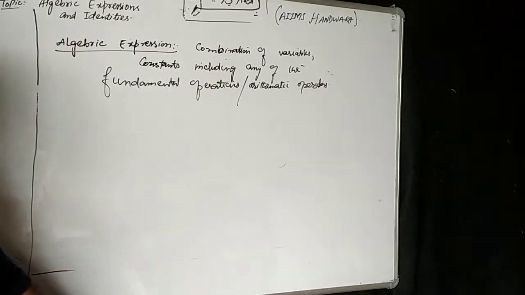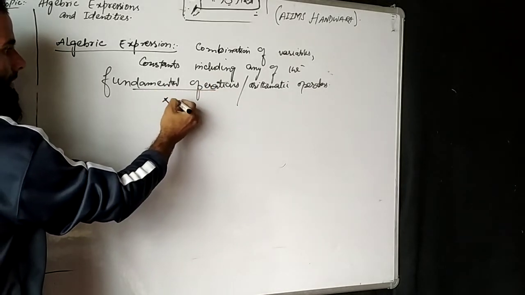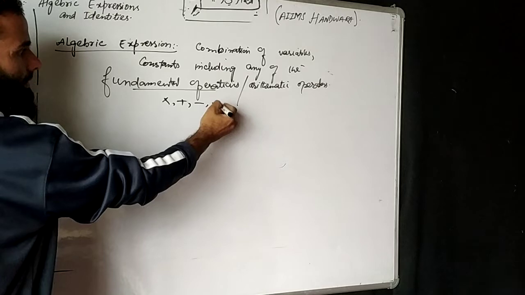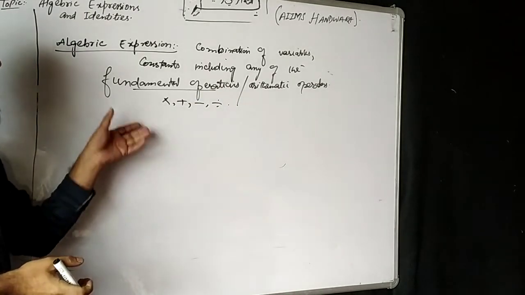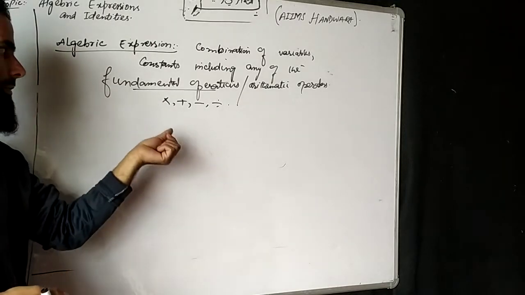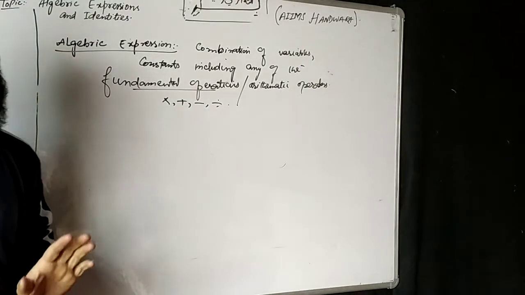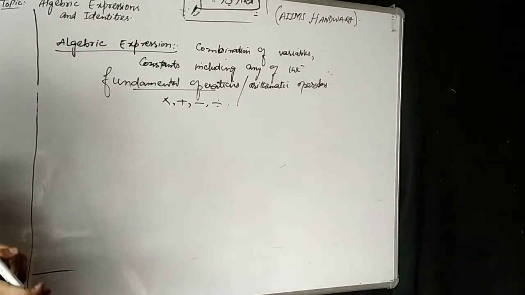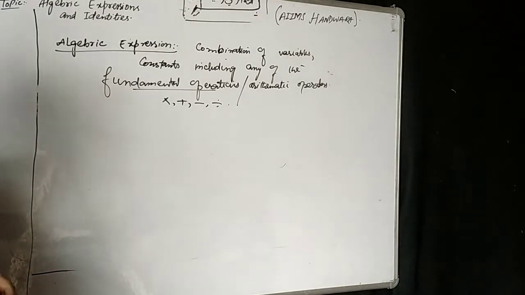As you know, there are four arithmetic operators: multiplication, addition, subtraction, and division. So any combination involving these constants and variables and any of the fundamental operations, either multiplication, addition, subtraction, or division, or all of them, is known as an algebraic expression.